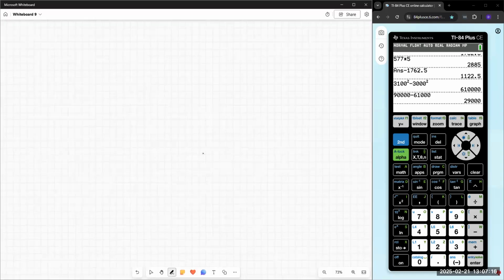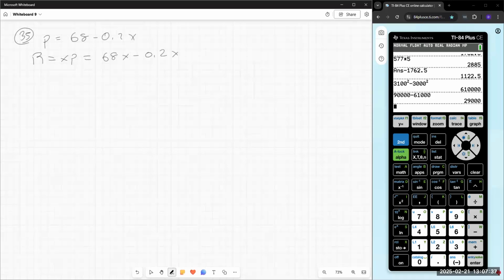Number 35 gives me a demand function p, lowercase p, equal to 68 minus 0.2x. And it wants me to find the revenue function, which is xp. It's equal to 68x minus 0.2x squared. And then it wants me to use these marginals to estimate delta r when x is 7 and delta x is going to be 1.